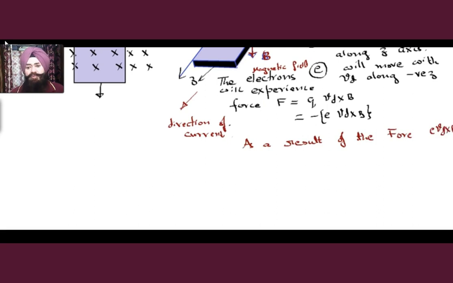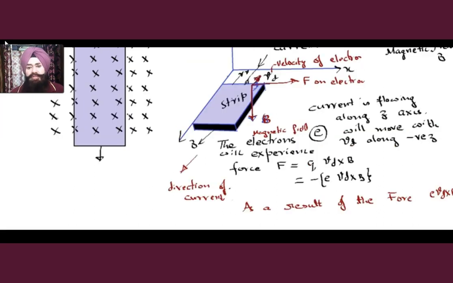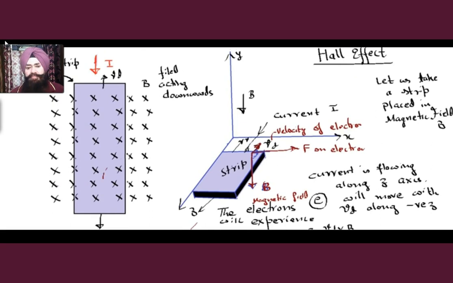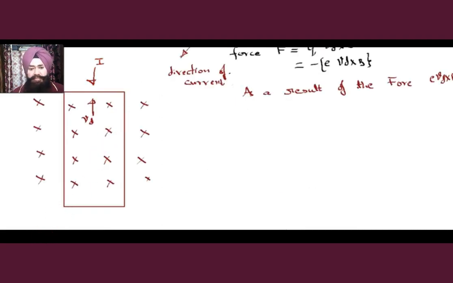As a result of this force, which is in magnitude e Vd B, there will be force on the electrons. Now just look here. The electrons, because they are drifting along negative z, experience this force. So they start accumulating towards the right hand side of the strip.